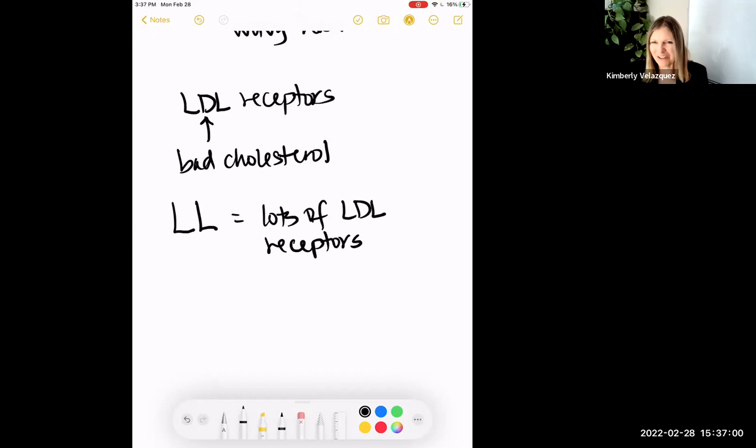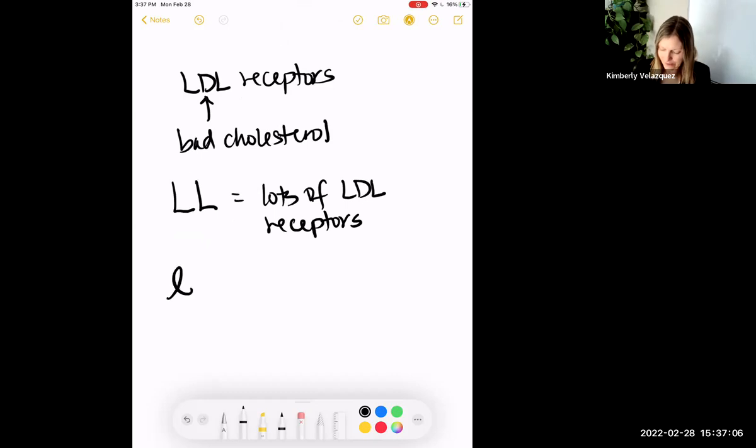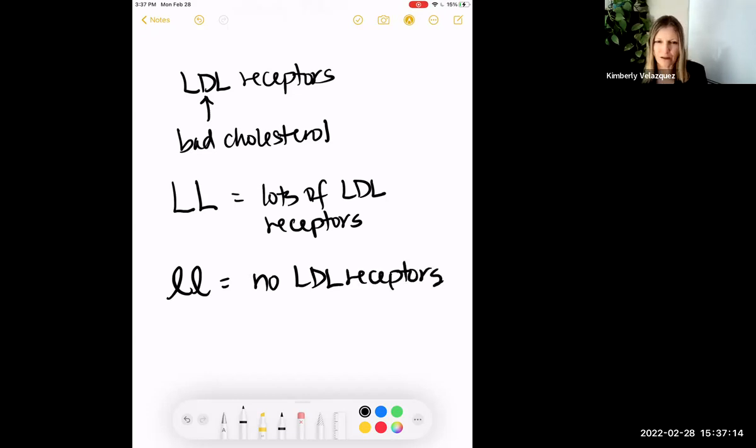We don't like these people. Just kidding. It's just not fair. Little l, no LDL receptors. These people get high cholesterol from an early age. It's genetic. They don't have enough LDL receptors to break down cholesterol if they have a poor diet.